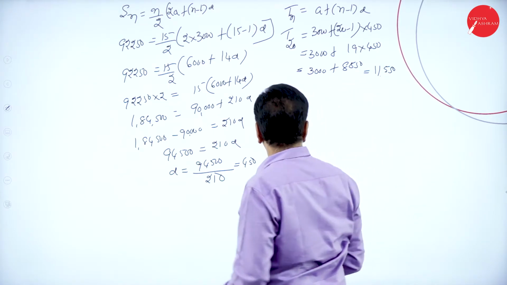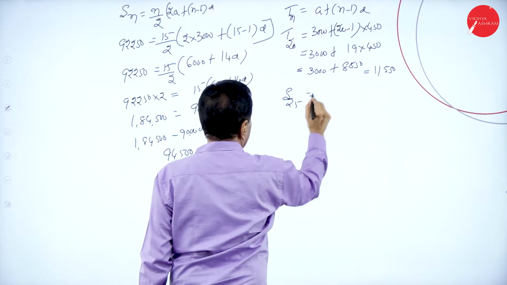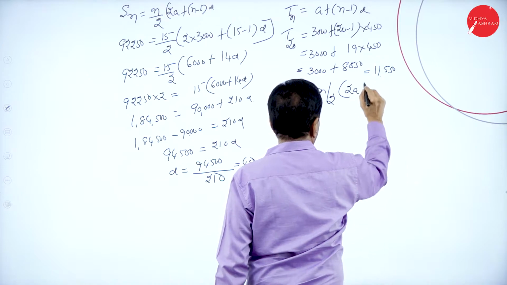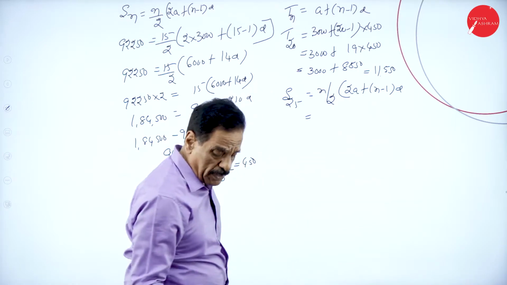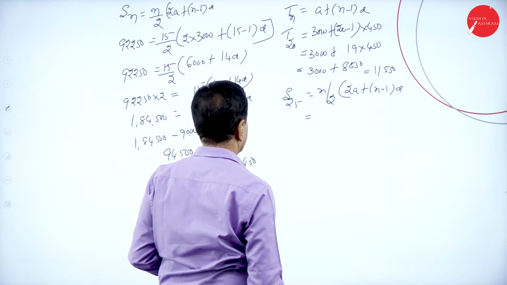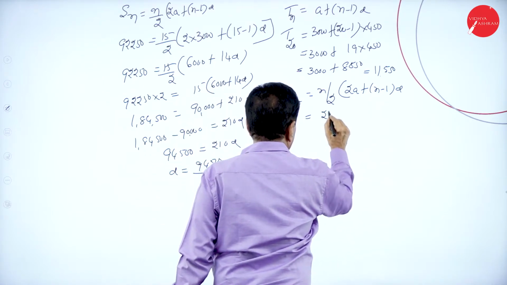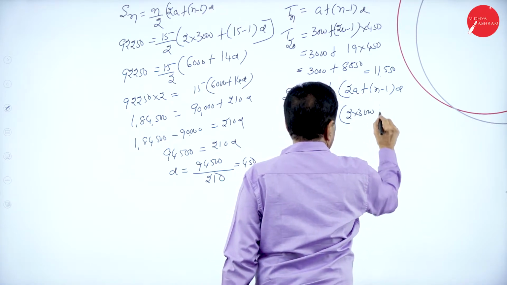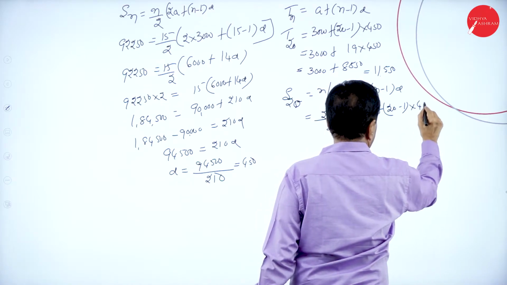Then for the 25th year, he wants the summation. S25 is equal to n by 2 into 2a plus n minus 1 d. He wants it for the 20th year. So 20 by 2, 2 into 3,000 plus 20 minus 1 into 450.